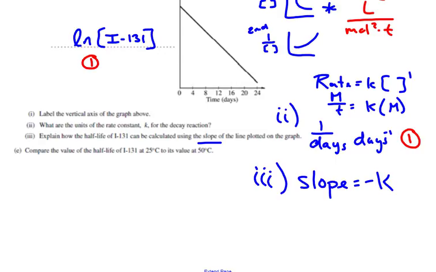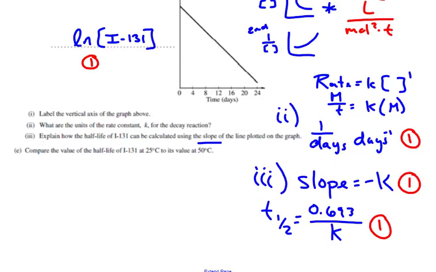I see Ben grabbing his orange sheet. You're going to have it. Ben, what does it say on there? T half equals 0.693 over K. Yep. Let me just tell you what you'd say. You'd say, knowing that the slope equals negative K, you could utilize this equation. Done. Check this out. 1 point for saying this, 1 point for using that.